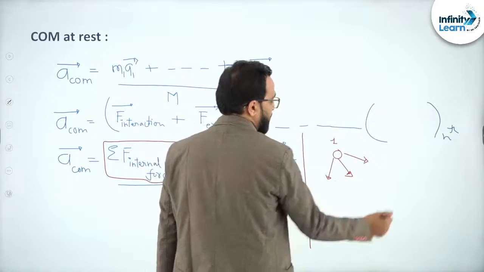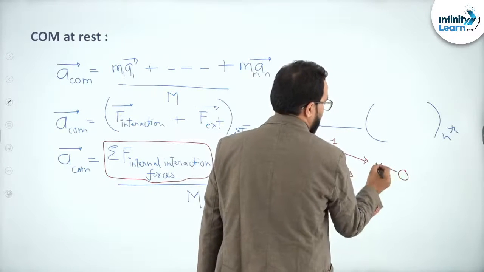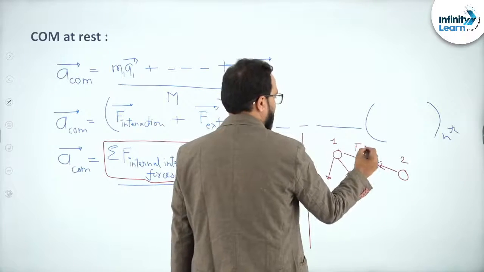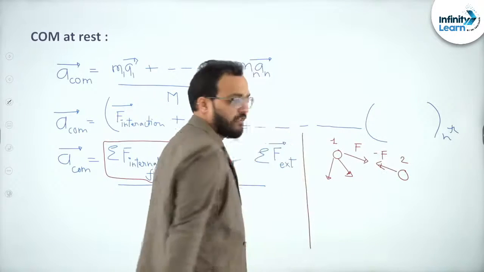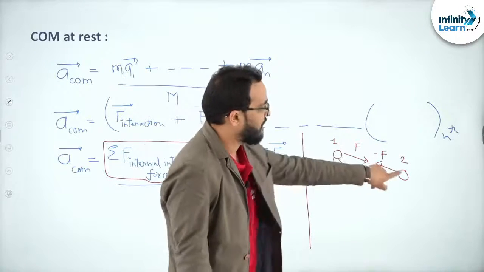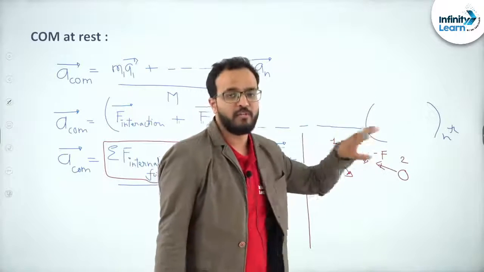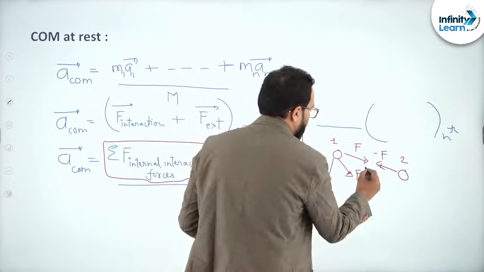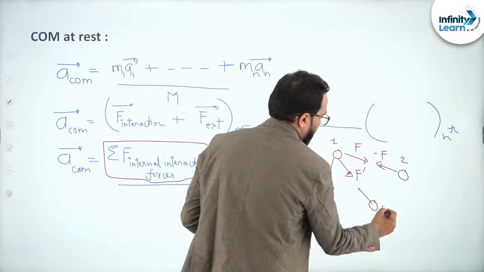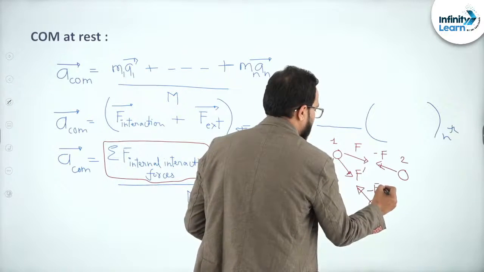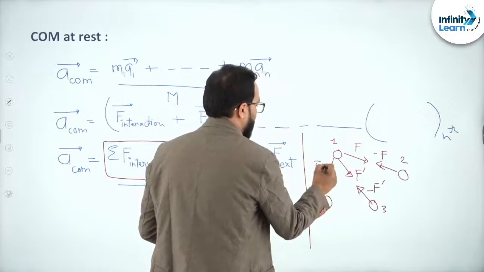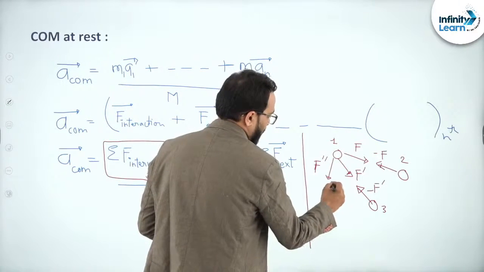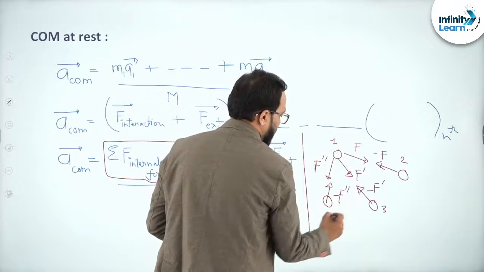Simultaneously, if there is force F here, there is minus F there. That means if 1 is being pulled by 2 with a force F, 2 is also being pulled by 1 with a force minus F. Similarly, if this is F dash, then the third particle will feel minus F dash. For the fourth particle, suppose this is F double dash, it will experience minus F double dash.